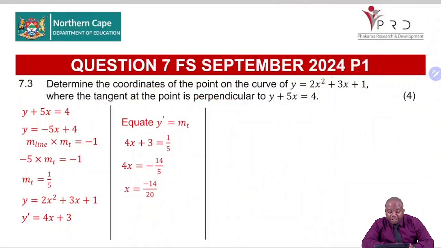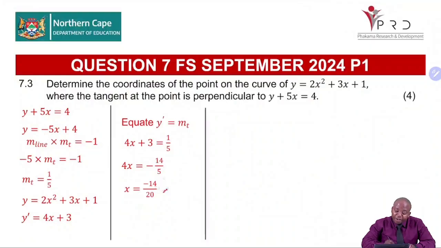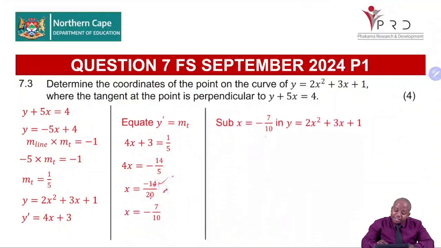Right, now from getting x equals negative 14 over 20, to get the corresponding y value at that point, remember we already found the x value at that point. What do we do? We substitute x equals negative 7 over 10 when you simplify it further here, because 2 goes into 14 7 times and into 20 10 times. Then we are going to substitute x equals negative 7 over 10 in the original equation, which is the curve there, or which is our parabola there.